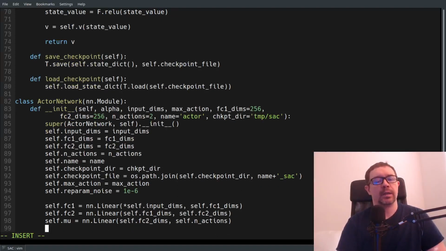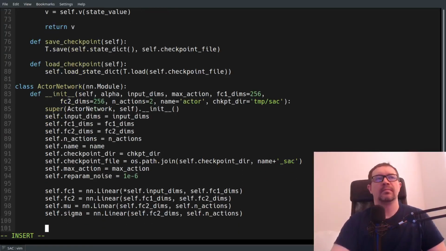And that will have as many outputs as we have components to our actions, and a standard deviation. And then again, we need an optimizer and device and to send the network to the device.